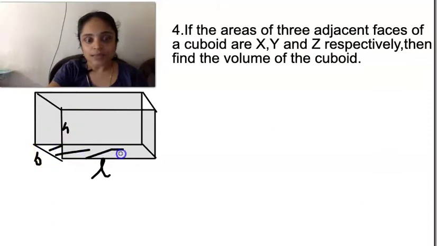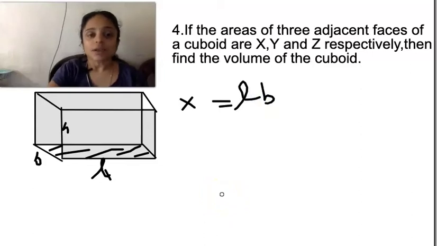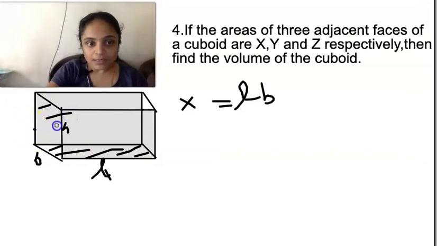Now let us say that this is one face of the cuboid and this is having length L and breadth B, right? So area of this face, let us say, is X equal to L into B. Okay, so we got X equal to L into B. Let this be another adjacent face, this face, and here this is having B as breadth and H as height.